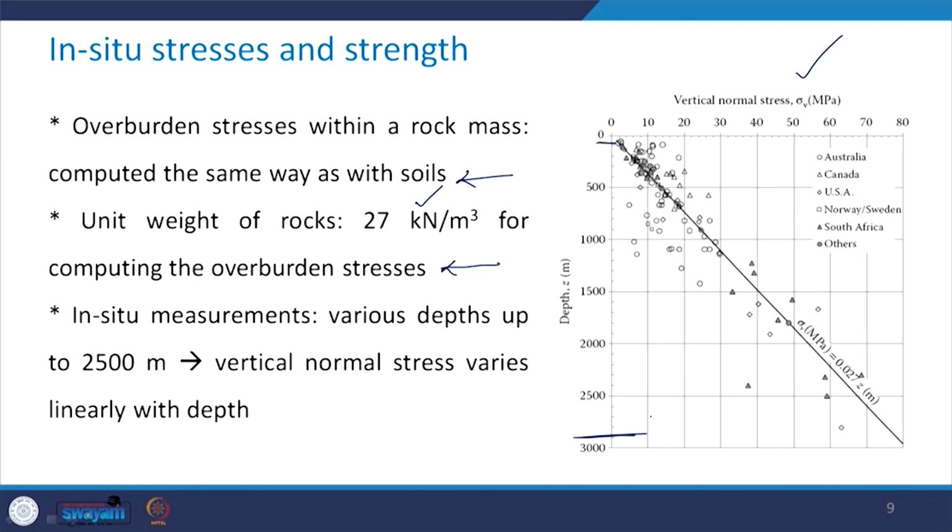It can be seen that the vertical normal stress varies linearly with the depth, which is given by this expression: sigma V in megapascal is 0.027 times Z, where Z is in meters.